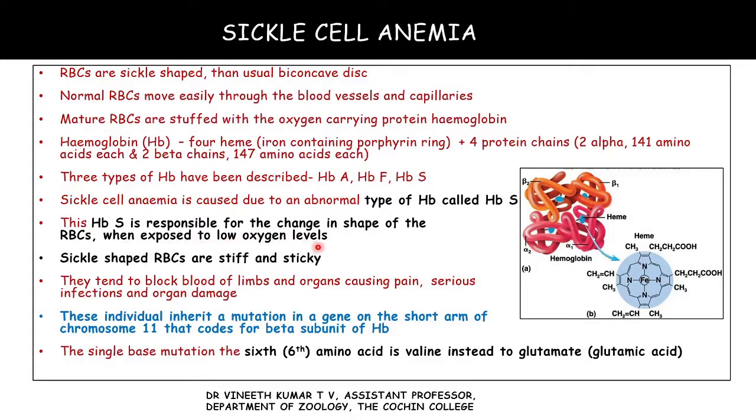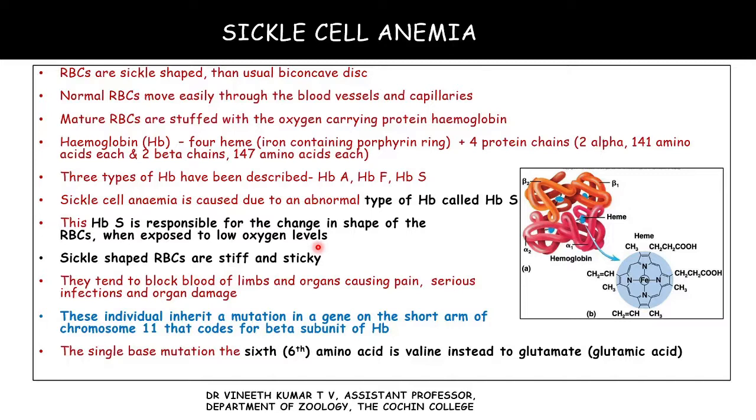That is why in the video which we saw in the last slide, you saw that the bone marrow is making the RBC, which is of normal biconcave shape, and from the bone marrow, it reaches the blood, it reaches the lungs, where oxygenation takes place, and when it reaches the tissues, where the oxygen concentration is very less, whenever these HbS containing RBCs are exposed to an environment which is very low in oxygen, they change their shape to sickle.